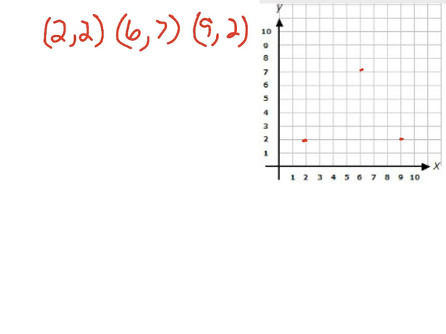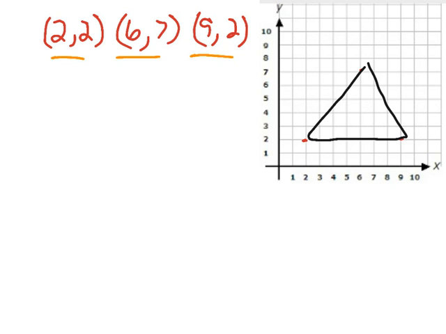Example 2 has 3 points, and I've graphed them on a coordinate grid over here. If I connect all 3 of those dots, I end up with a triangle. One question that could be asked is about the median.